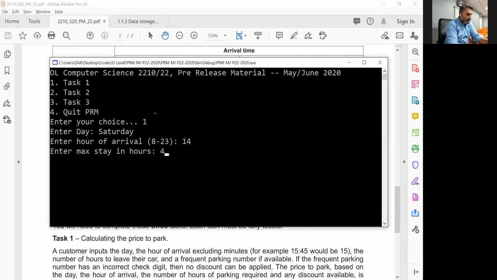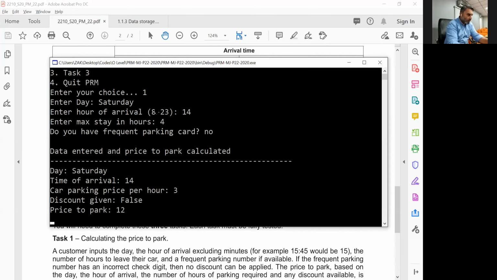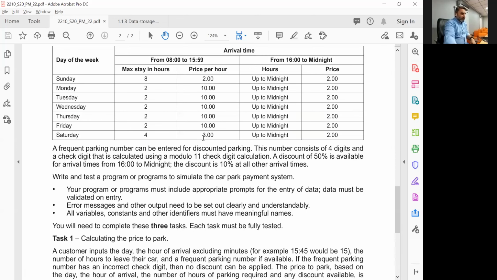They stayed for 4 hours. So they were charged 12. So there is a charge of 3 per hour. They stayed from 1400 till 15, 16, 17, and 1800 for 4 hours. And they were charged as per the price which was enforced when they came.